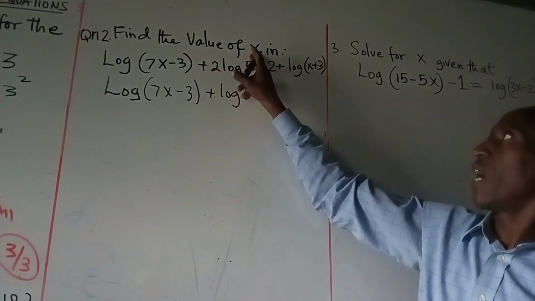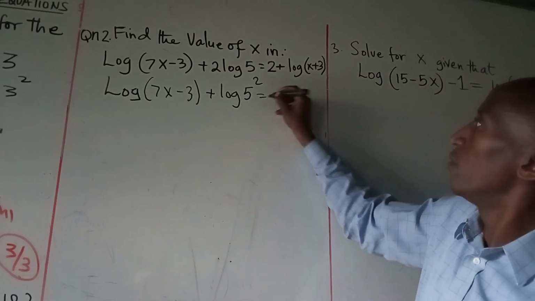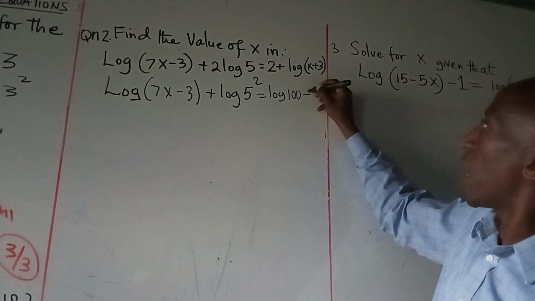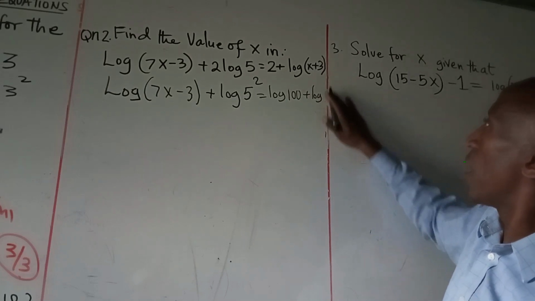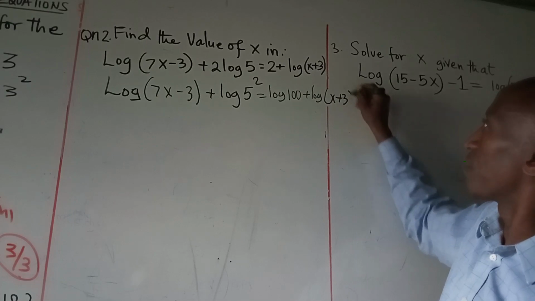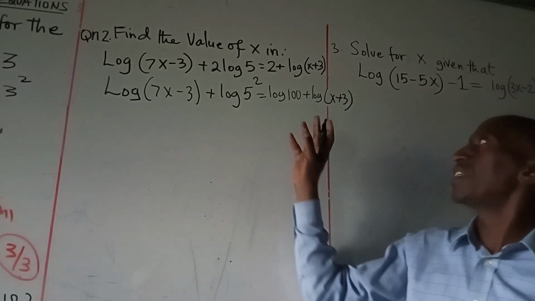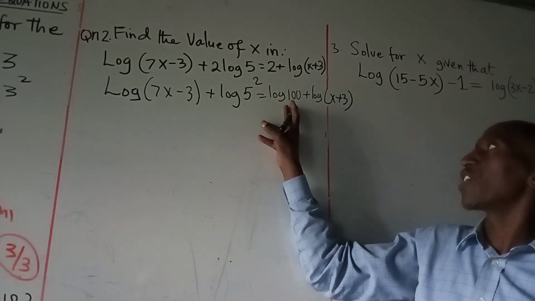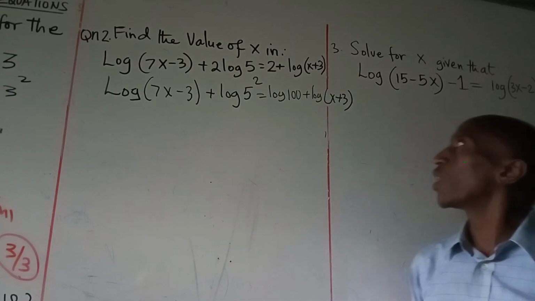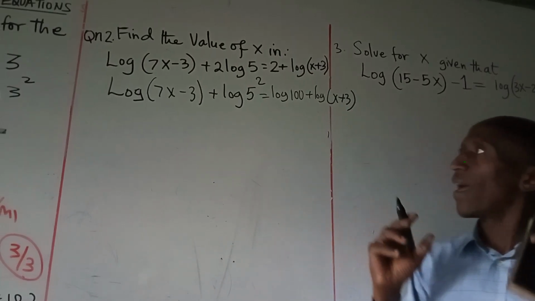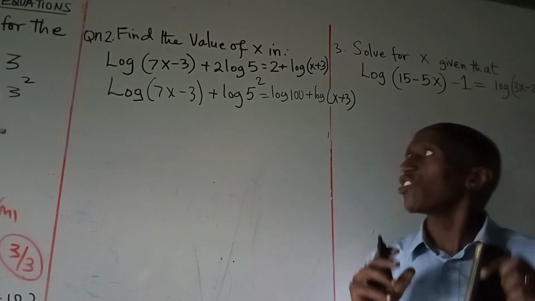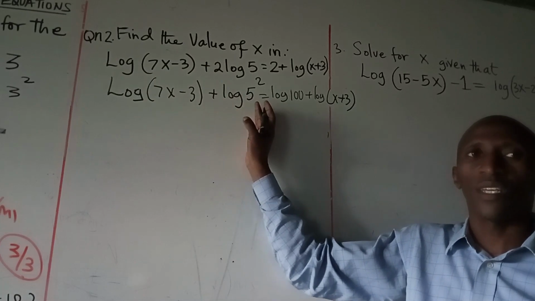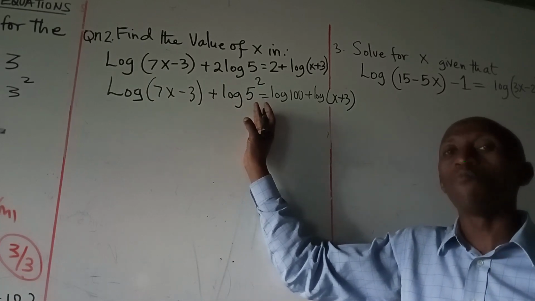We shift this up here, and it will be equal to log of 100 plus log x plus 3. We have agreed to use base 10. So the 2 becomes log to base 10 of 100. At this point, we look at the addition rule in logarithms, whereby when we are adding logarithms, the numbers are being multiplied.